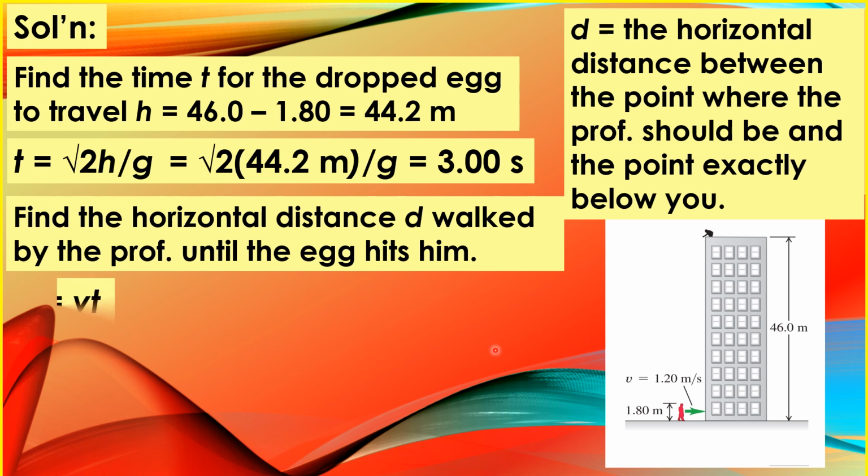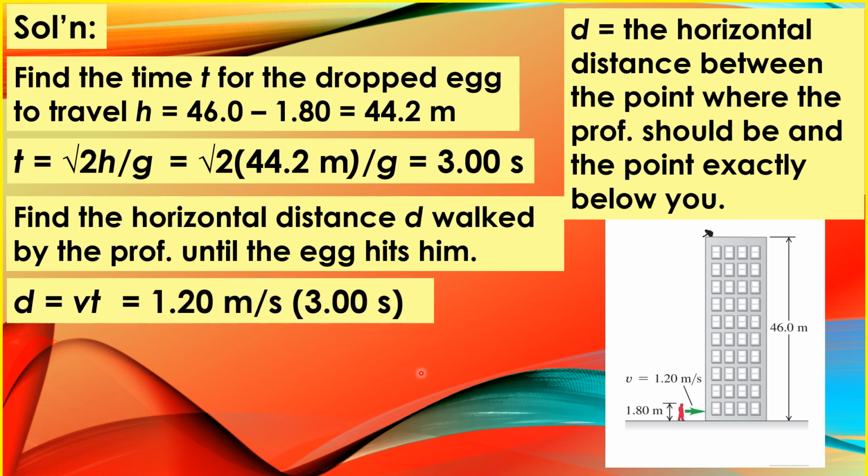So, since the professor is moving at a constant speed v, you just multiply that by the computed time t of 3.00 seconds. His constant speed while walking is 1.20 meters per second, times 3.00 seconds. So the distance walked by the professor before he is hit on the head by a falling egg would be 3.60 meters.